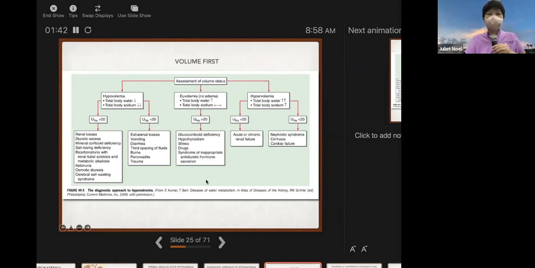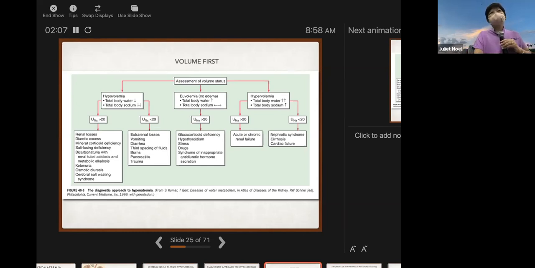With this, you have to address the volume first. If hypovolemic, you correct the hypovolemia. If it is hypervolemic, you also correct it by giving diuretic and restricting fluid.